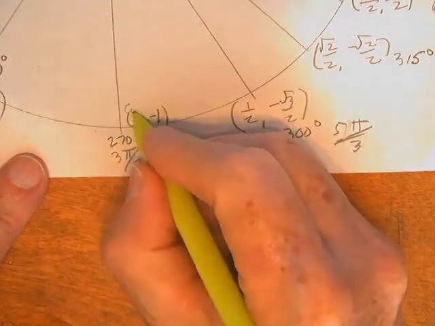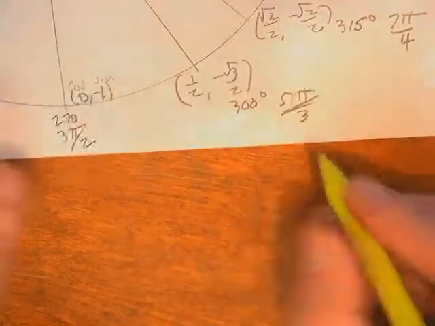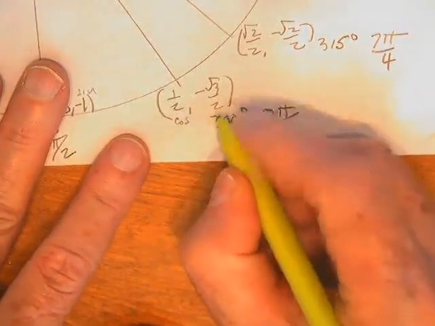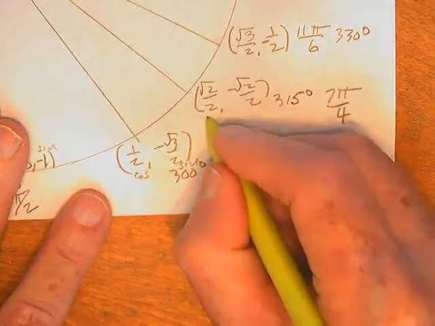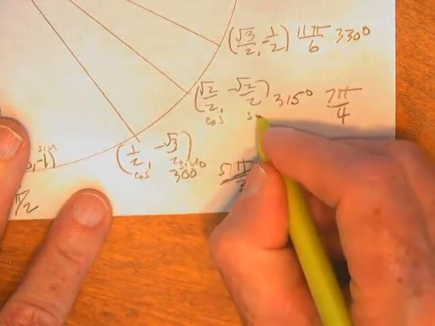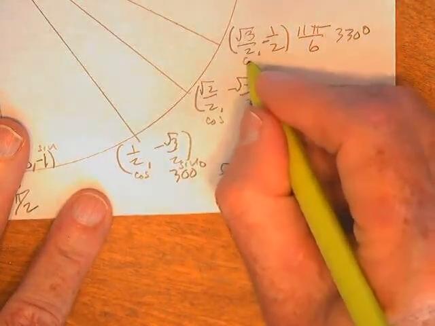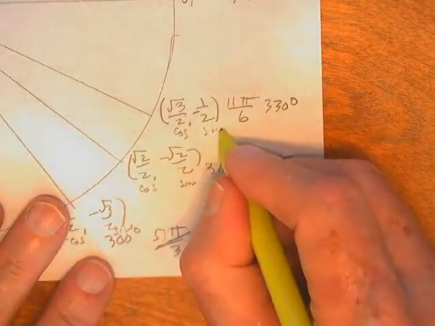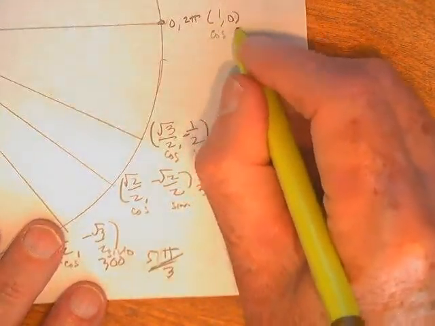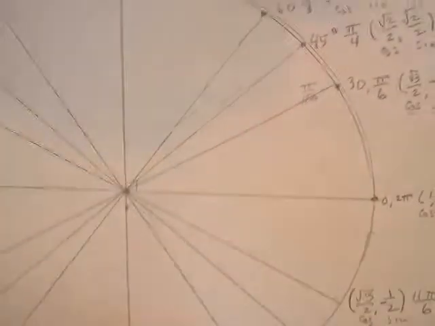I'm down here, cosine, sine, cosine, sine, cosine, sine, cosine, sine. That should be easy enough.